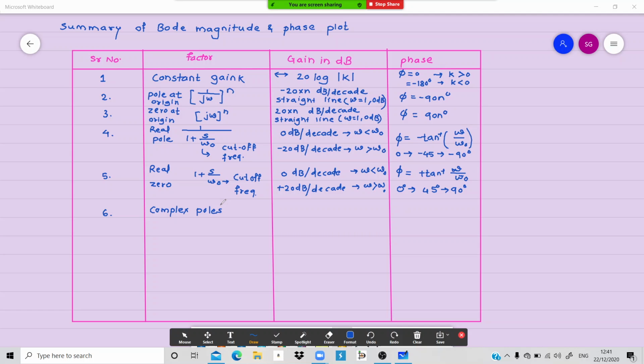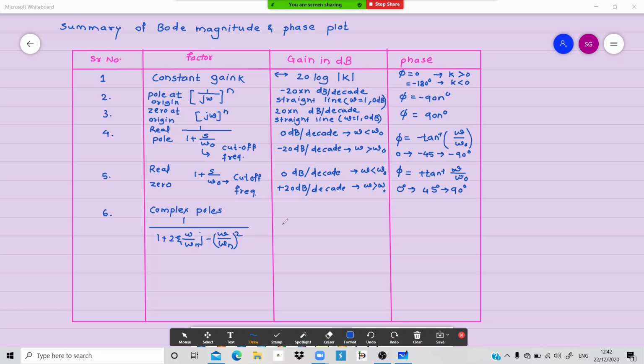Whenever it's a complex pole, the term is 1 minus omega upon omega n bracket square plus 2 zeta j omega upon omega n. Okay, fine, right?